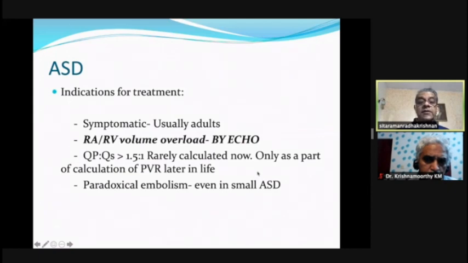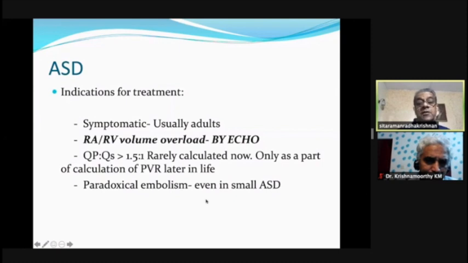It is done only as a part of calculation of pulmonary vascular resistance later in life when you diagnose PAH, or when a 40-year-old patient comes to you with atrial septal defect. You have to be very careful to rule out associated pulmonary hypertension.